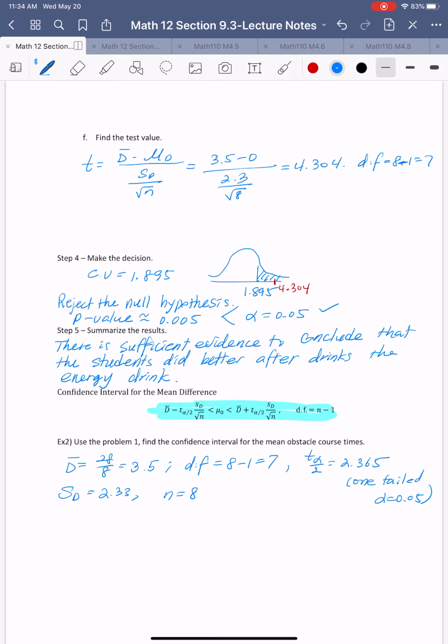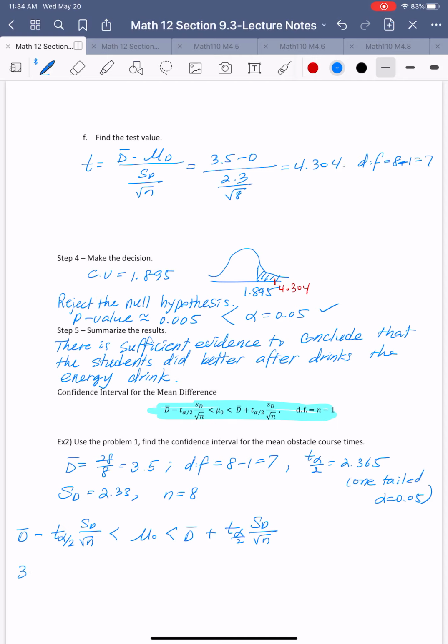So D bar, subtract the t sub alpha over 2 times SD over radical n, which gives mu sub 0, is D bar plus t sub alpha over 2 times SD over radical n.